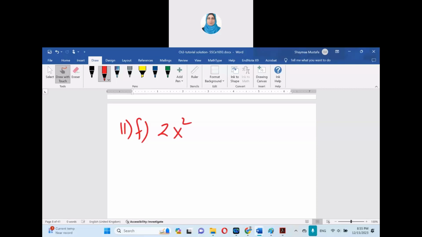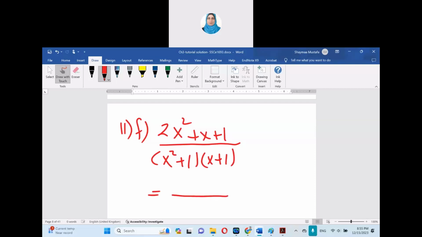You need to integrate this function: 2x squared plus x plus 1 over x squared plus 1 times x plus 1. So you need to write it as a partial fraction.